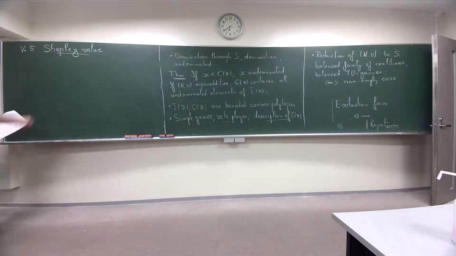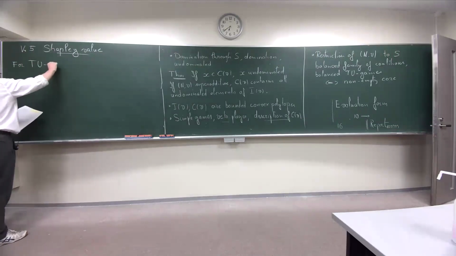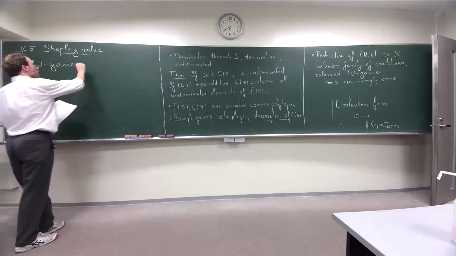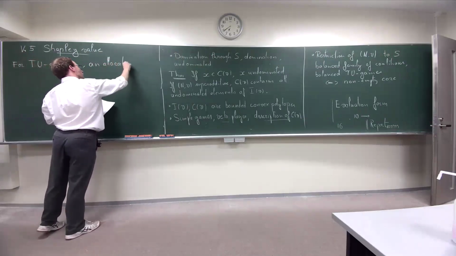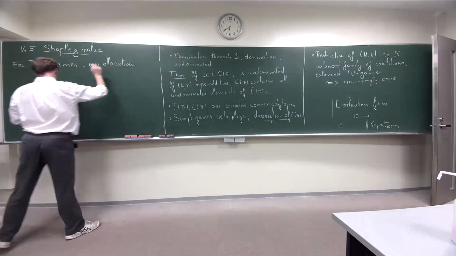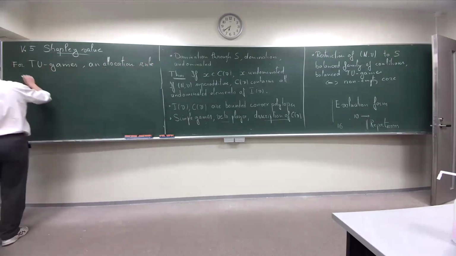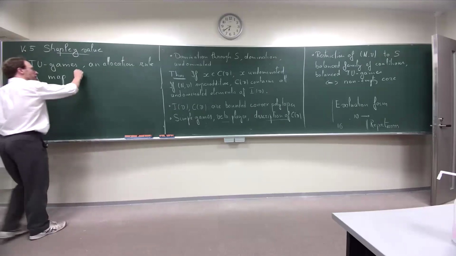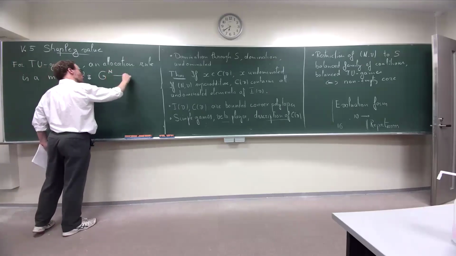So I just recall, for TU games, for these transferable utility games, an allocation rule is a map or function. I use map because it's shorter, a map phi from the set Gn to Rn.